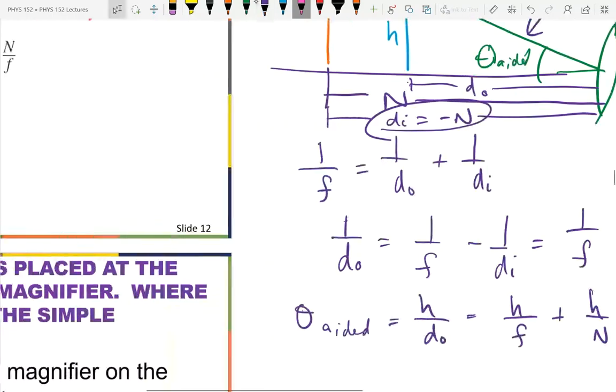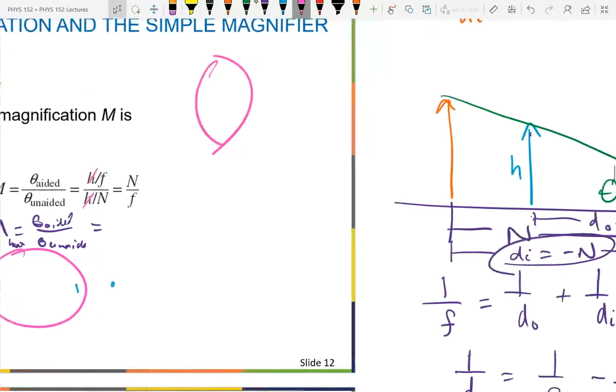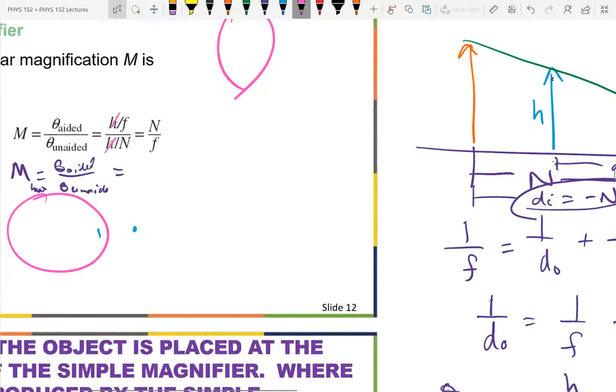Now I just go back to this equation, and that's going to be on top and on bottom that.